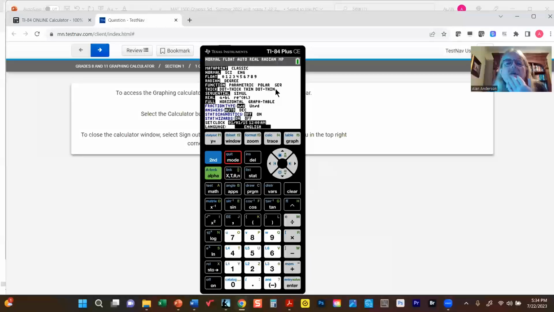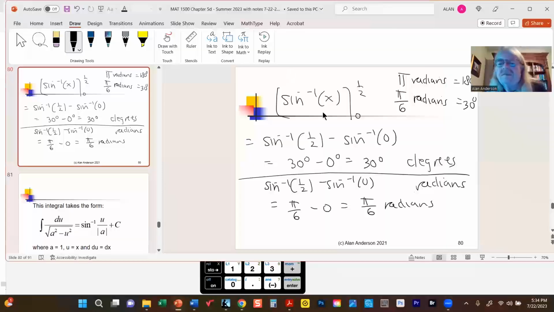I just don't know what it is. I'll check into it. But yes, that is pi over 6, which is 0.5 something.